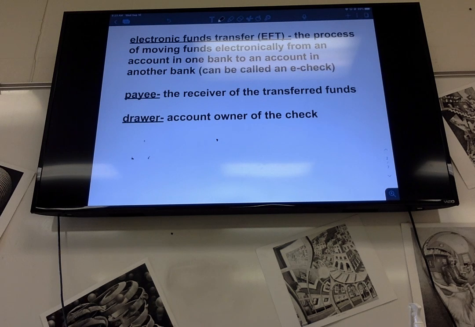Drawer is the account owner of the check. That would be you. Or whoever is responsible for the checking account.